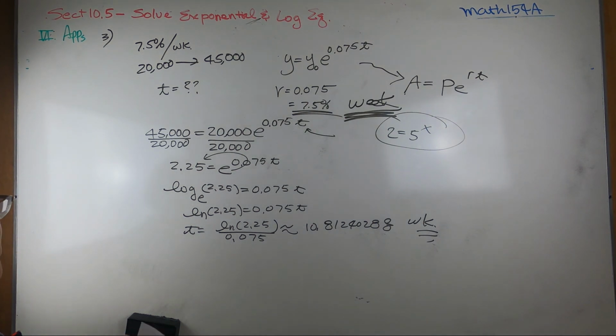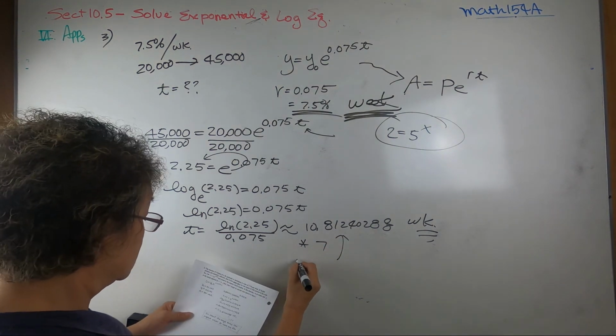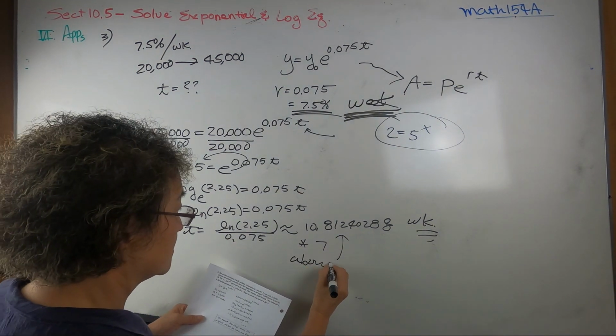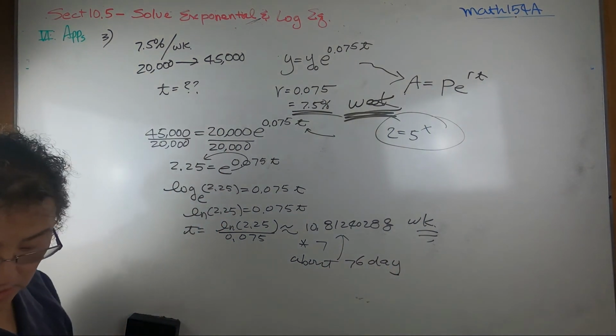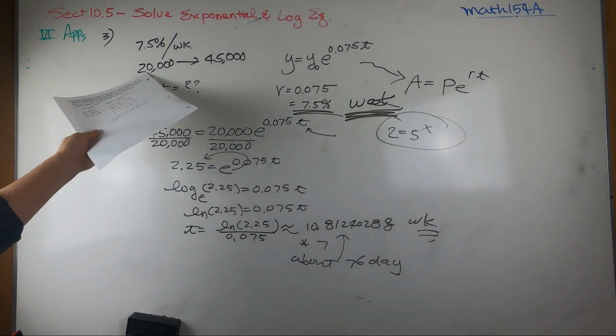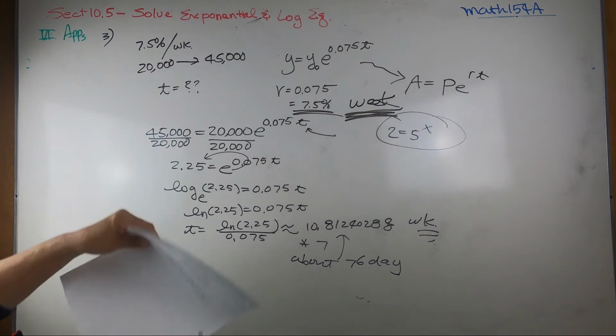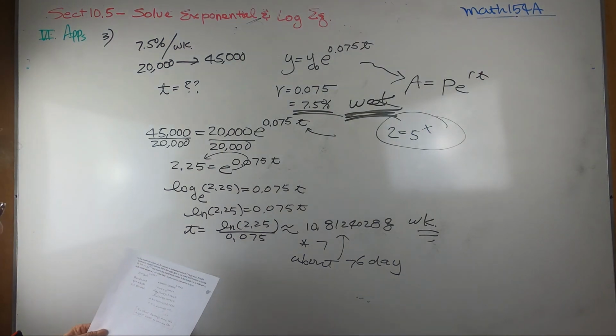So 1 week would be 7 days, right? So you times 7 for it. It's about 76 days. Then in about 2.5 months, they grow more than double. It's a major concern, right?